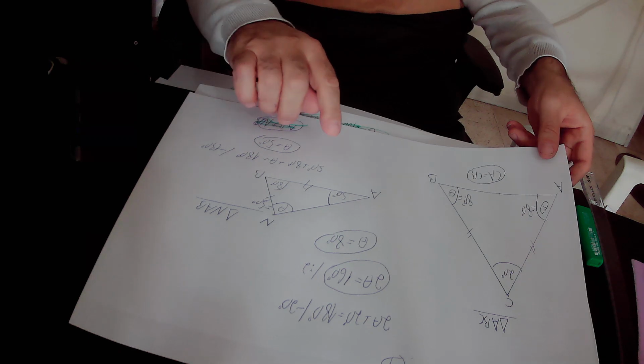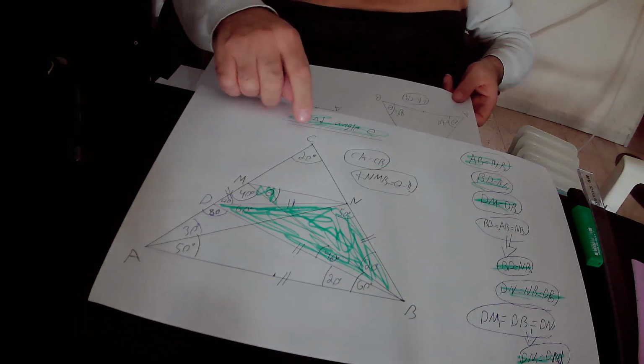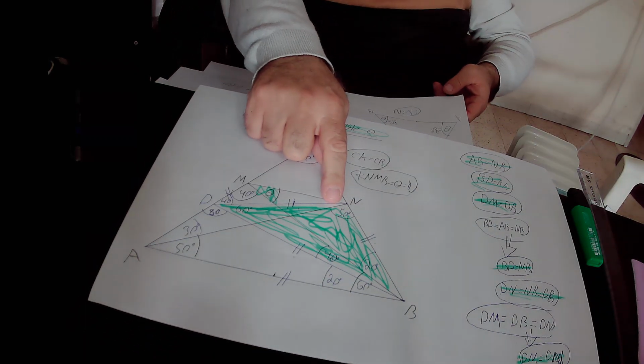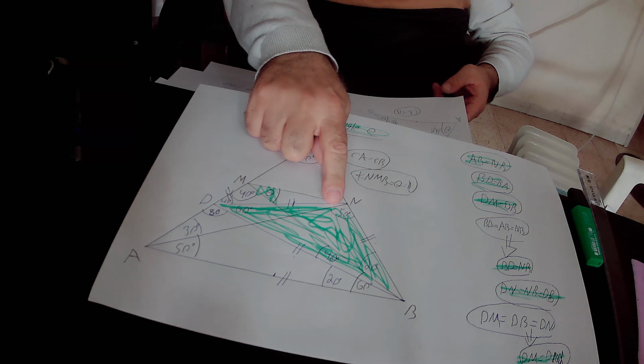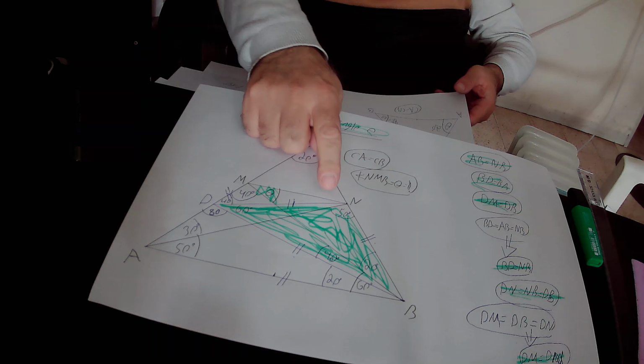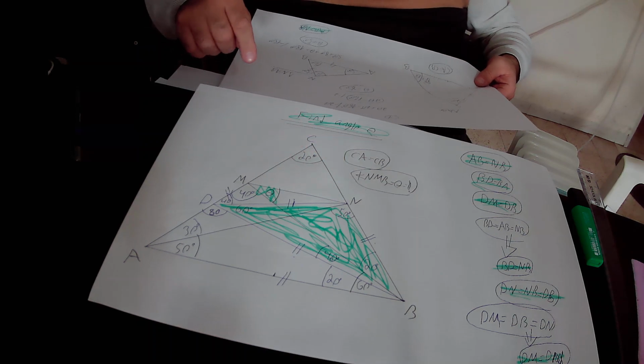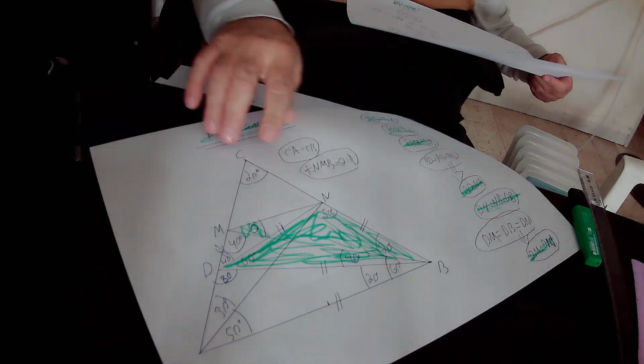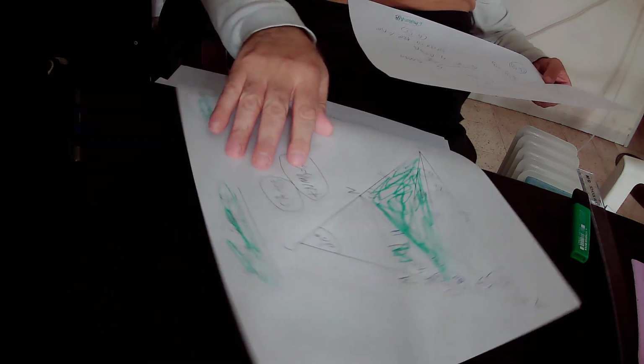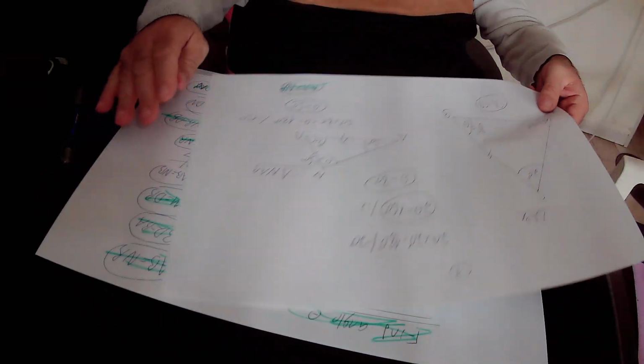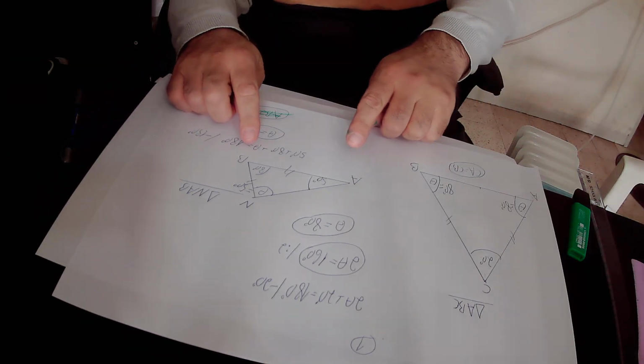So angle ANB equals 50 degrees in its size. We continue to focus on triangle NAB.